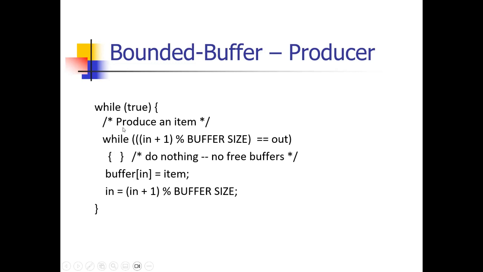So I will just explain the operation. What it will do is check whether the buffer is full. That is the condition that you check here in the while loop. If the buffer is full, it will stay in the while loop. If not, that means at least one element is free, so we produce an item and increase the value of in.